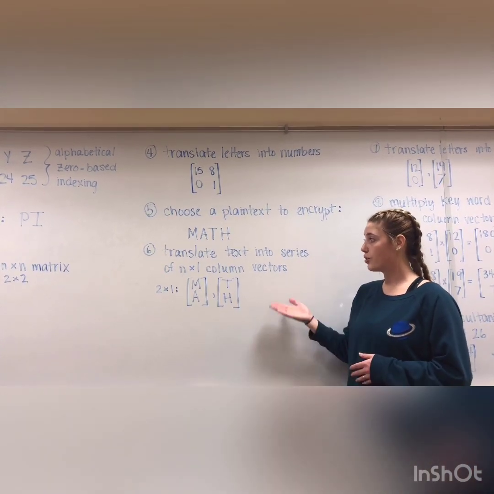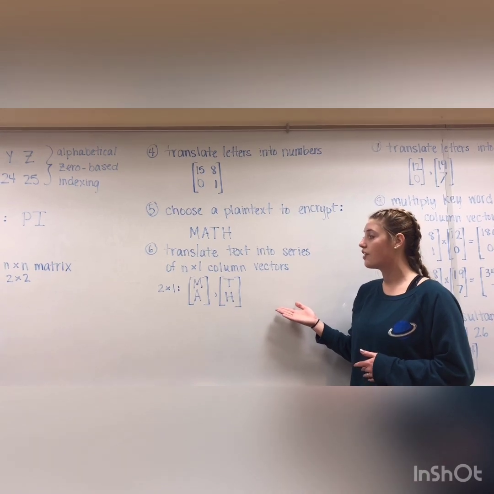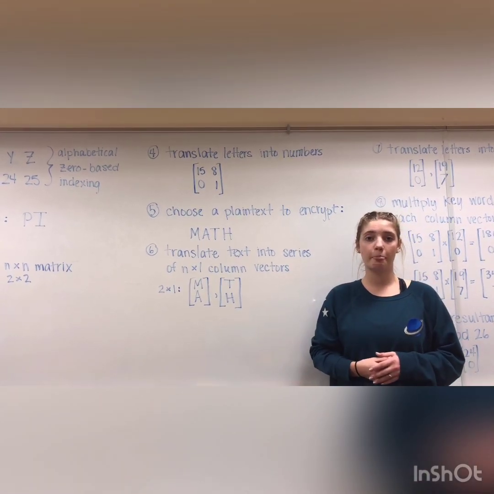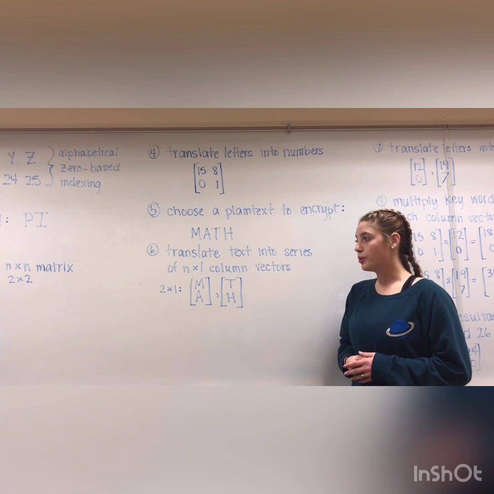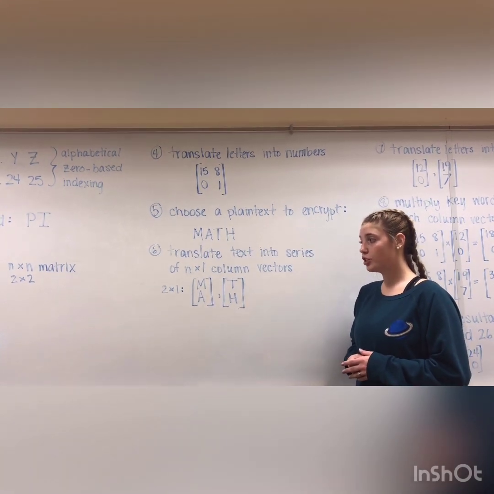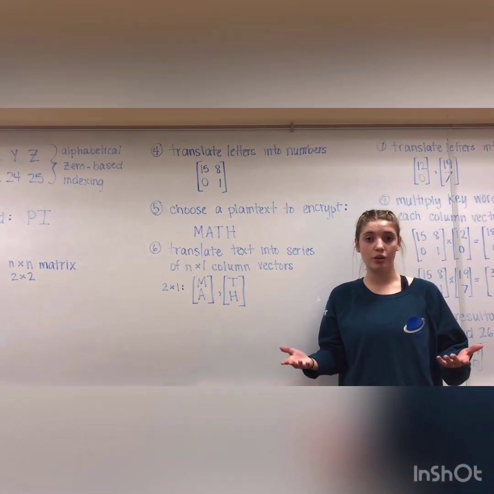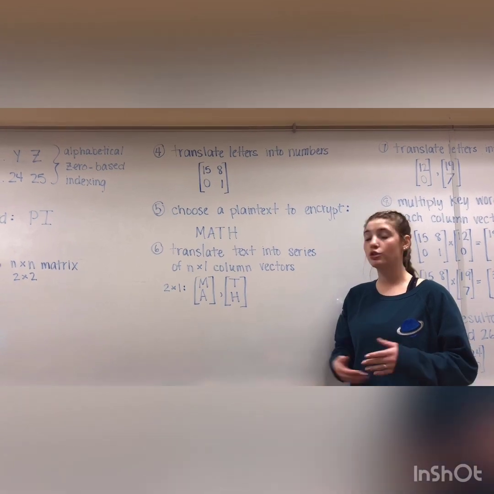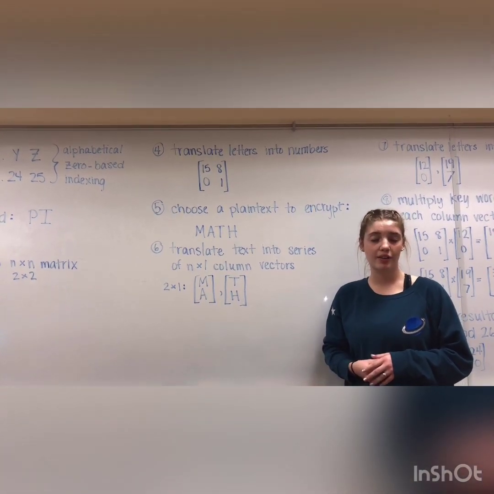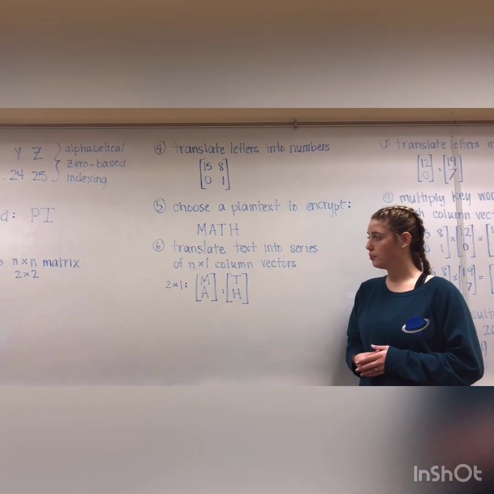Step 6 is to translate that text into a series of n by 1 column vectors. For our example, since our encryption matrix is a 2x2, our column vectors must be 2 by 1, because later they will be multiplied together.